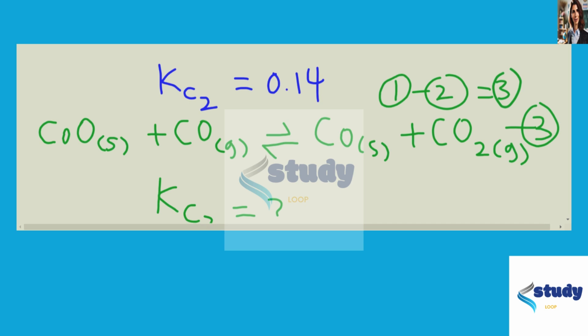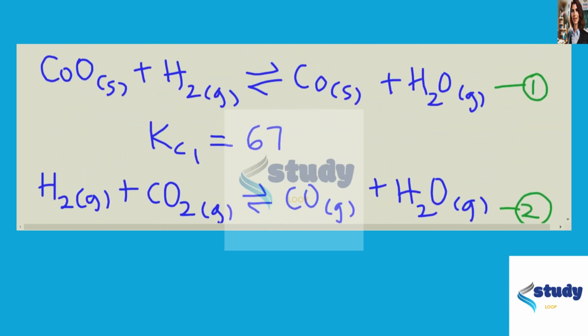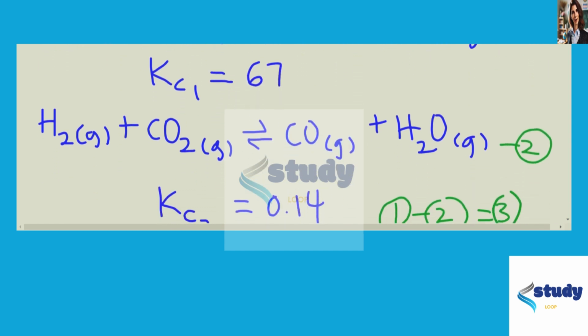So we are asked to calculate the Kc for the third reaction. So we can just go over the reactions to get a better understanding. The first reaction is showing us the reduction of cobalt oxide with hydrogen to produce cobalt and water, while the second reaction is showing the reaction of hydrogen with carbon dioxide to produce carbon monoxide and water.